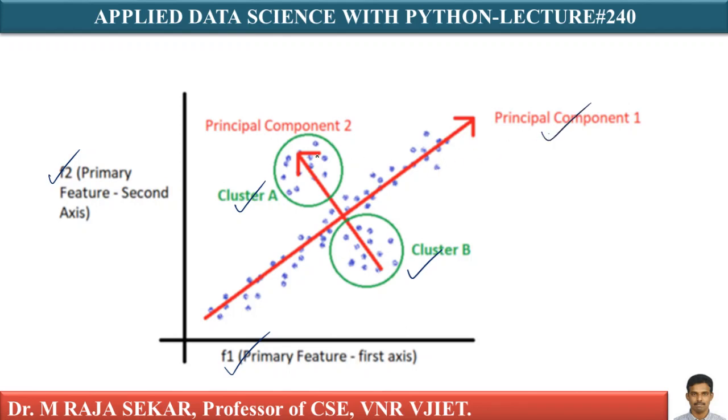Above principal component 1 we have one cluster, and below it we have another cluster.